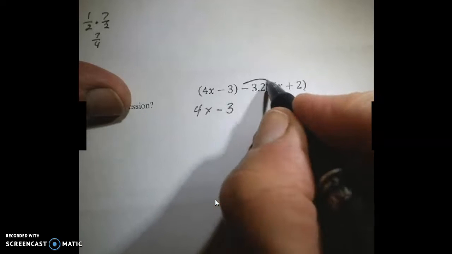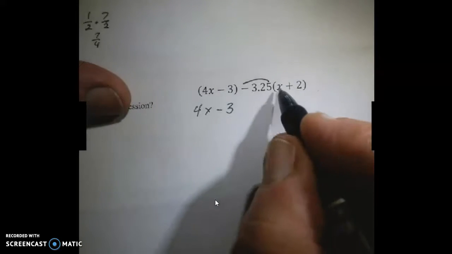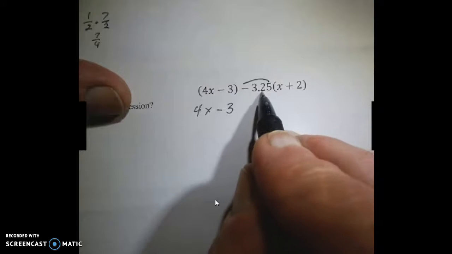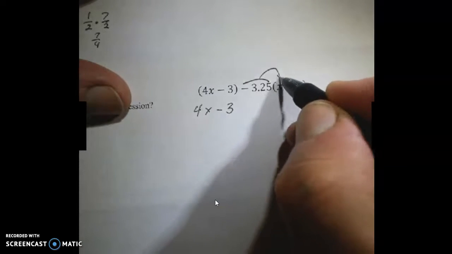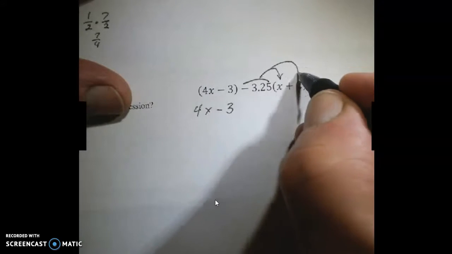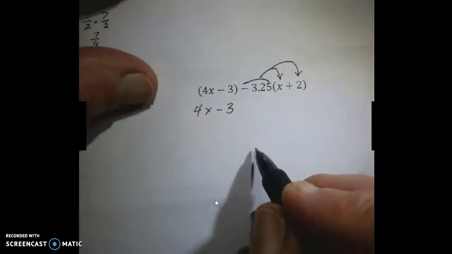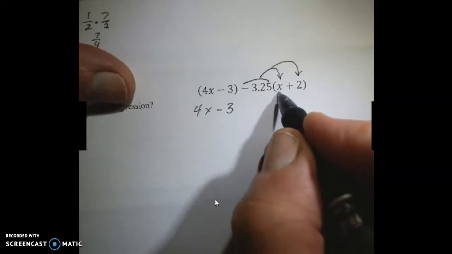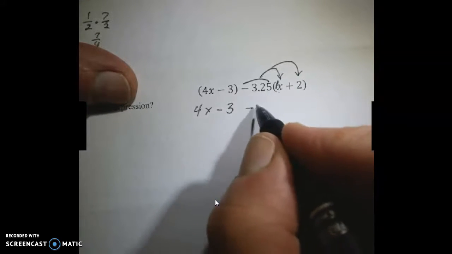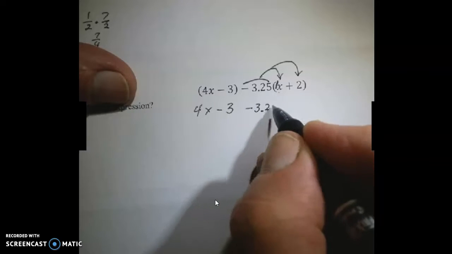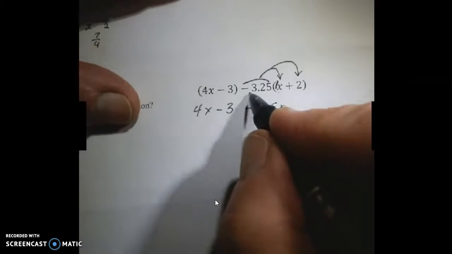But this you need to do the distributive property. Negative 3 and 25/100ths times the x, and negative 3 and 25/100ths times the 2. Negative 3 and 25/100ths times 1x is just a minus 3 and 25/100ths x.